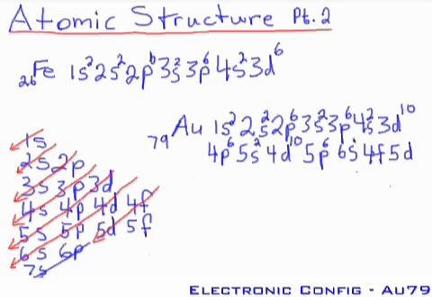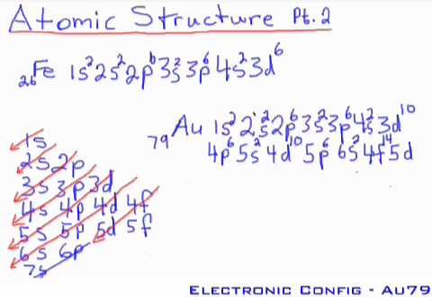P6, S2, F. F comes after D. So S is 1 orbital, P 3 orbitals, D 5 orbitals, F 7 orbitals, 2 electrons each. That's 14 electrons. And D can hold 10.